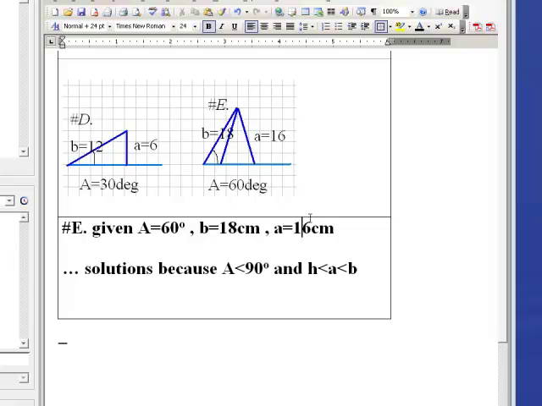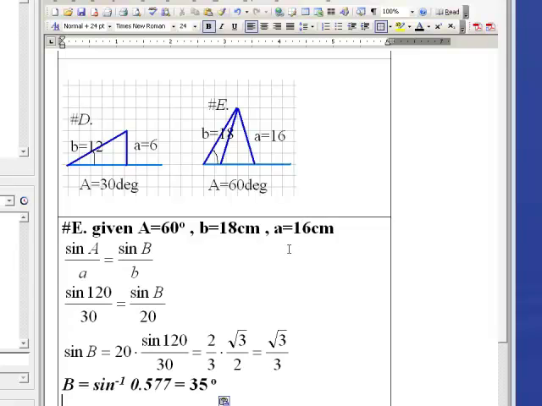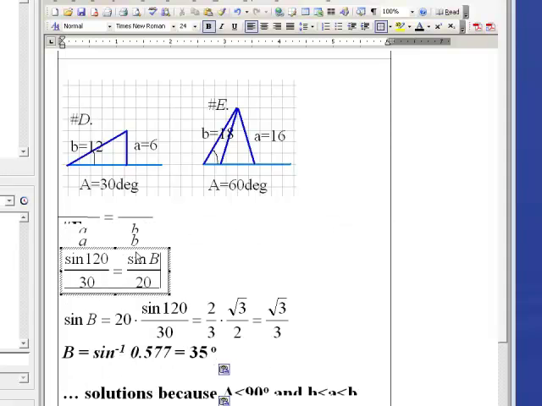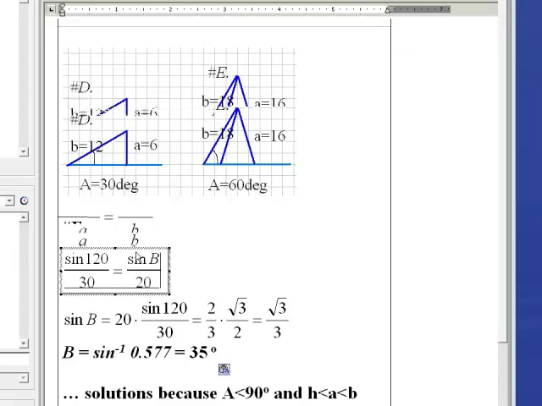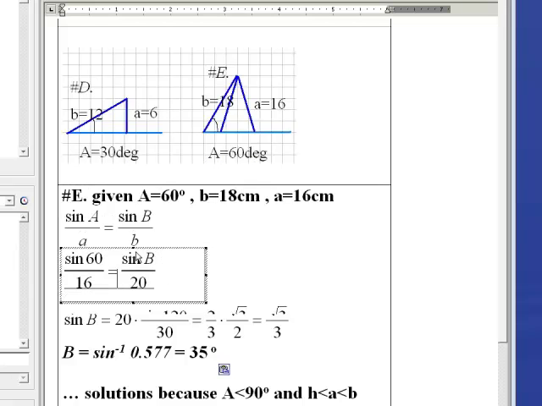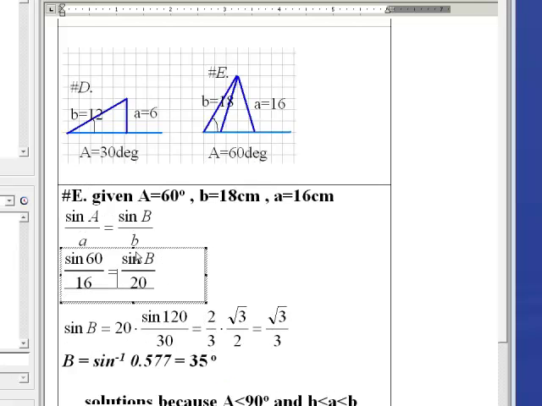Okay, let's see. Again, I'm going to make sure that I paste all the information in here. So again, sine A over A and so on. This time, angle 60 degrees. The side A is 16. Sine B divided by 18. There we go.